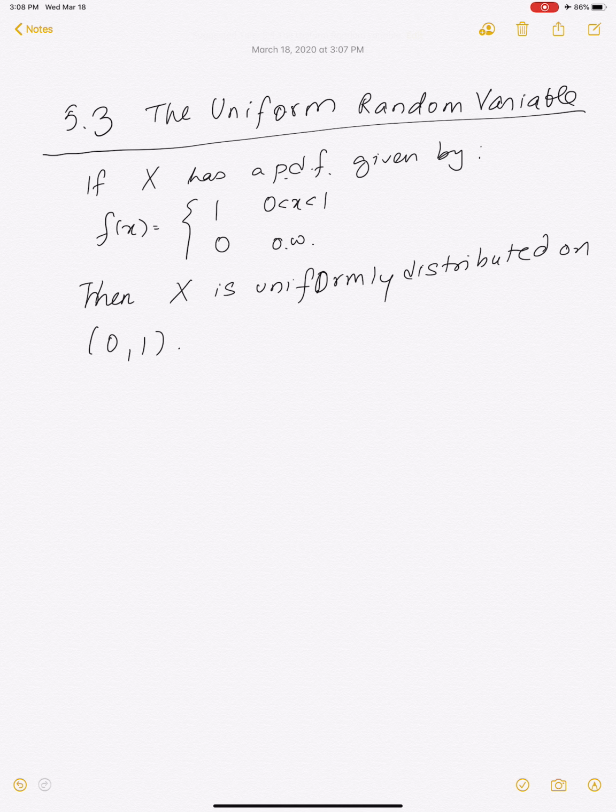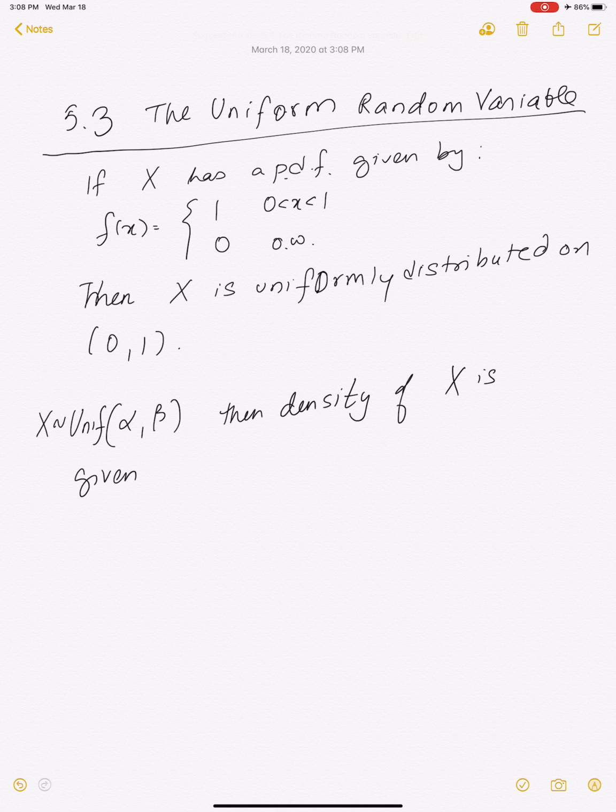This interval 0, 1 is just an example. We could take any interval. So suppose you have an interval alpha beta. If you want to say x is uniform on the interval alpha beta, what do you have in that case? The density, or the probability density function, is given by, now what do you have?